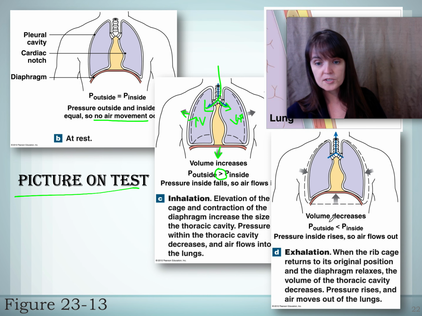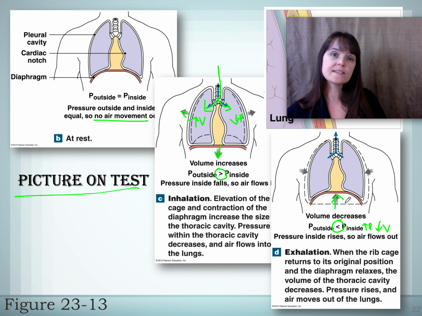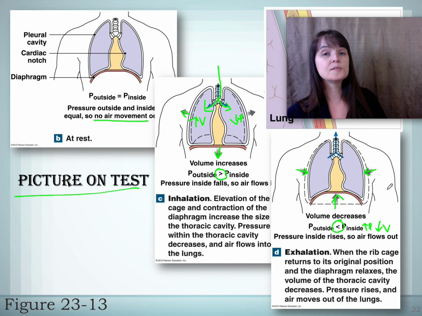So in the next picture, pressure outside is less than the pressure inside. So how do we increase the inside pressure? We decrease the volume. How do we decrease the volume? We stop contracting the diaphragm and let it go back to its resting position, and we stop contracting the external intercostals and let the ribs go back to their normal position.